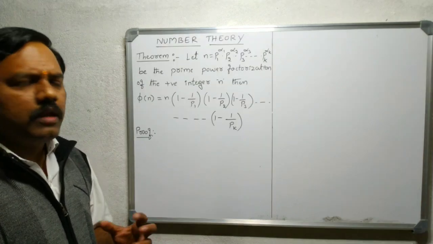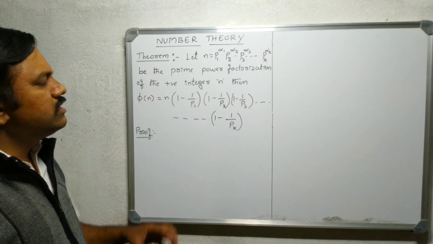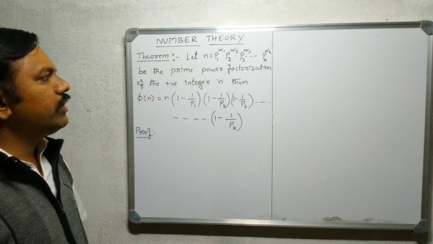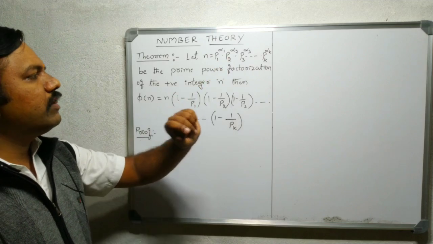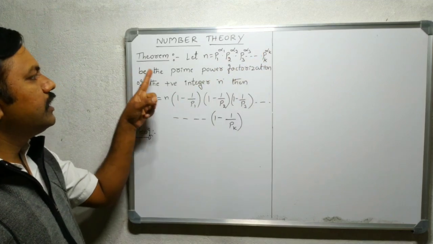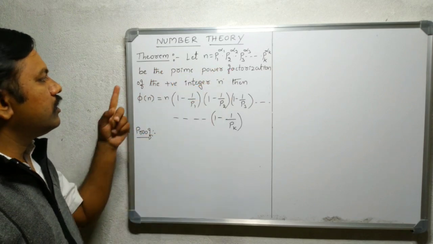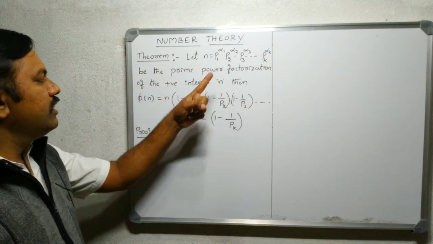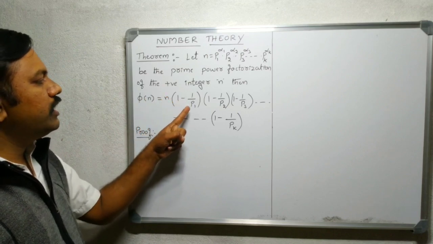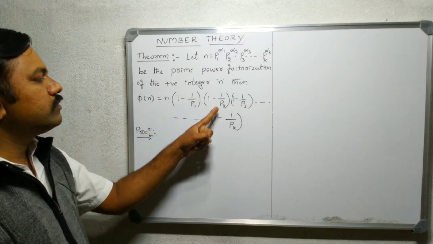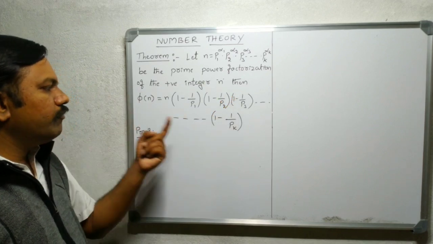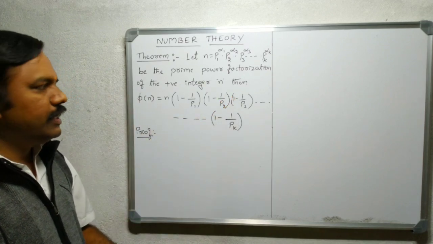Next, the theorem is: let n is equal to p1 to the power of alpha 1 into p2 to the power of alpha 2 into p3 to the power of alpha 3 and so on, pk to the power of alpha k be the prime power factorization of the positive integer n. Then phi of n is equal to n into 1 minus 1 divided by p1, 1 minus 1 divided by p2, 1 minus 1 divided by p3, and so on, 1 minus 1 divided by pk.